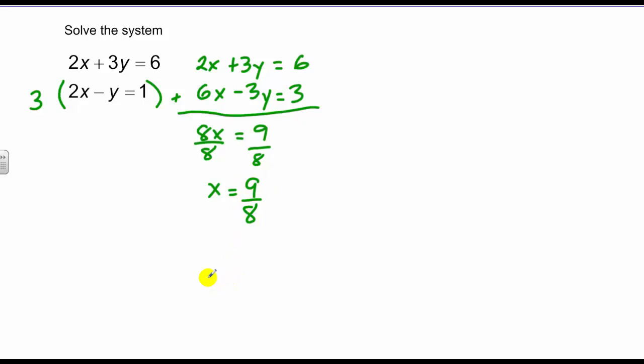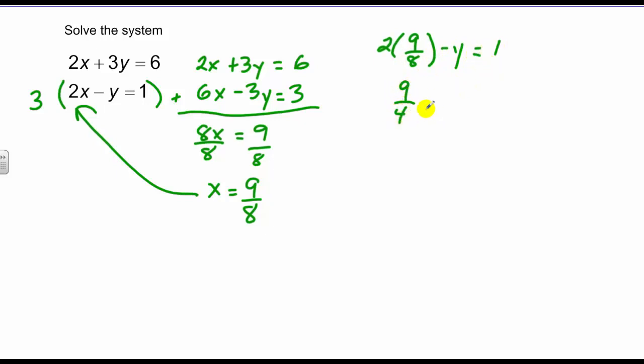I need to find my y term. So again, I'm going to make a substitution. I have 2 times 9/8 minus y is equal to 1. That's 9/4 minus y is equal to, I'm going to call this 4/4, so I'm going to need to subtract.